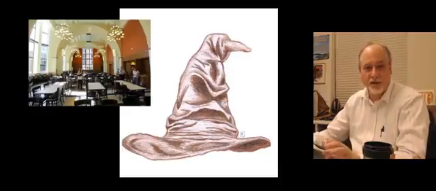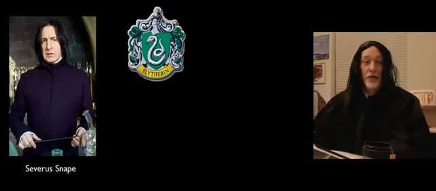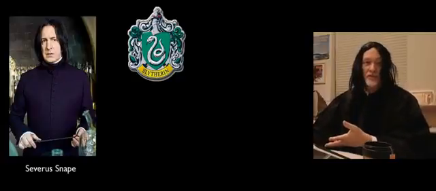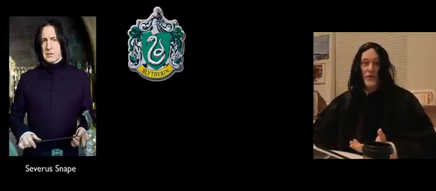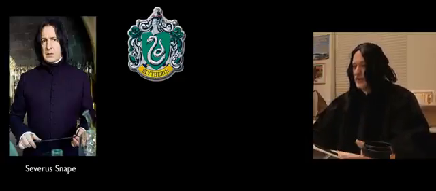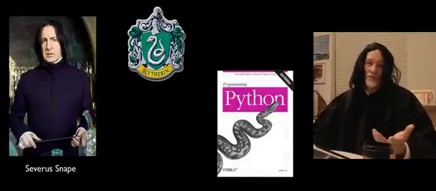As a matter of fact, it's probably time for me to show you who I've been sorted to be. So the students decided that I couldn't be in Gryffindor, that I had to be in Slytherin. That's because of my name, Charles Severance, and Severus Snape. What's even cooler, given that I teach Python, is that Slytherin's house is a snake, right? So it makes a lot of sense.